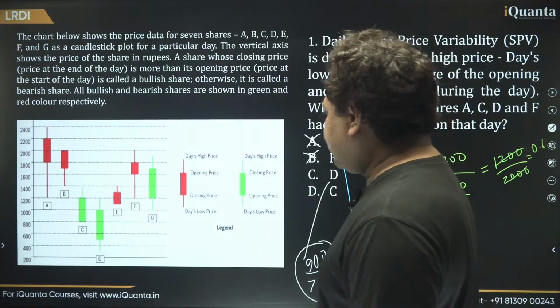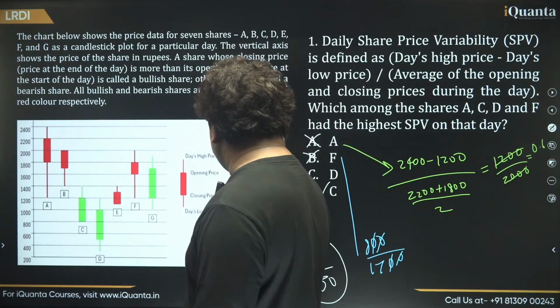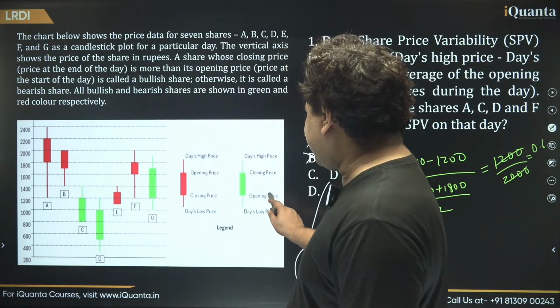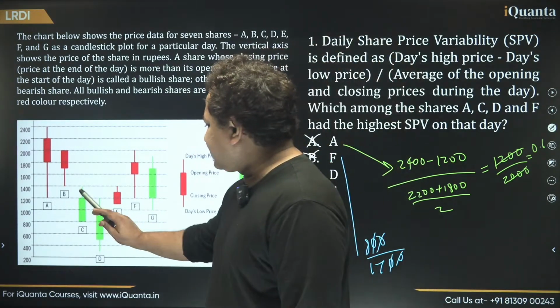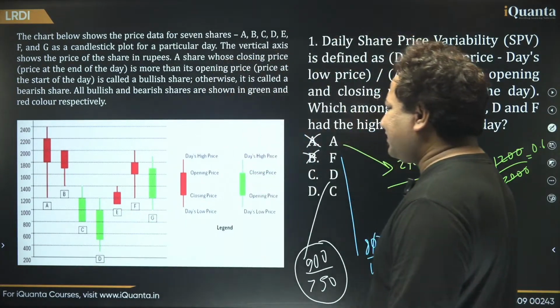ये दोनों तो हो नहीं पाएंगे. C देख लेते हैं. So here in C, it's not given. That means 800 here is the opening price as well as day's low price. Opening was 800. Okay, you can calculate that.